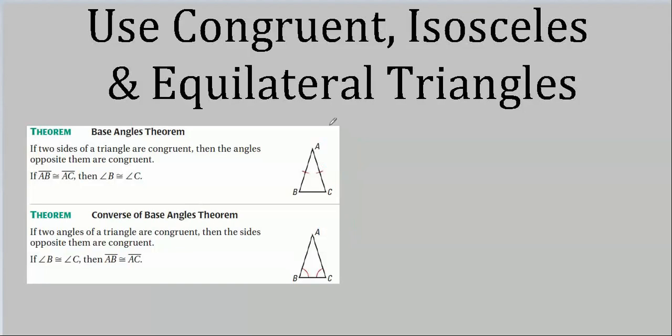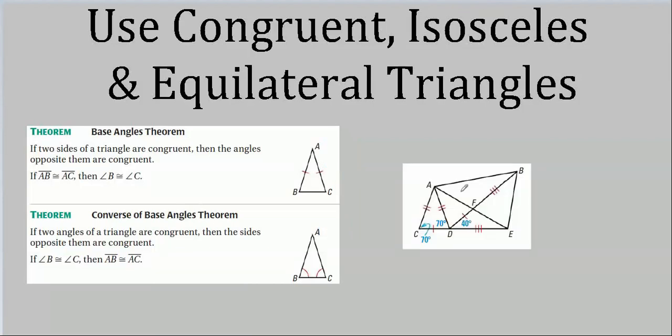There's a couple of useful theorems. In fact, I almost used this theorem in that same problem. There was a demonstration of corresponding parts of congruent triangles are congruent. Again, with this problem, once we determined that these two triangles were congruent, I could put those double hash marks in there and started to point out that these two angles have to be equal because it's an isosceles triangle.